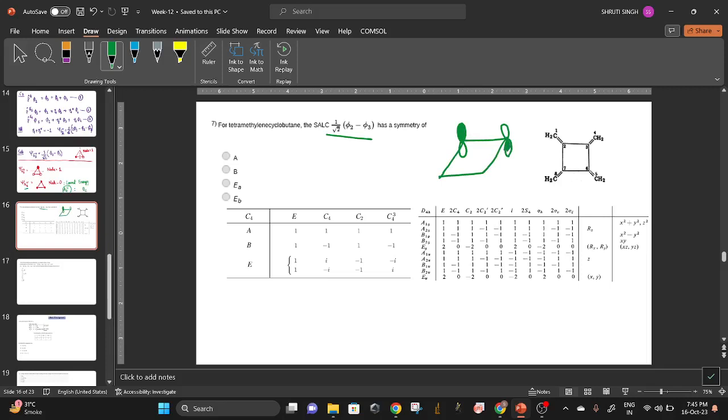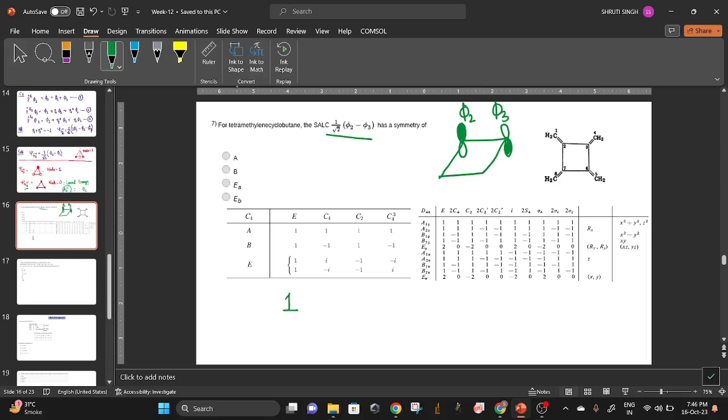So here the positive phase is downside. This is phi 2, this is phi 3. Now we can figure out the characters, how they will change, and then we can figure out the symmetry corresponding to those. Now under identity, the character will be one only because nothing will change.